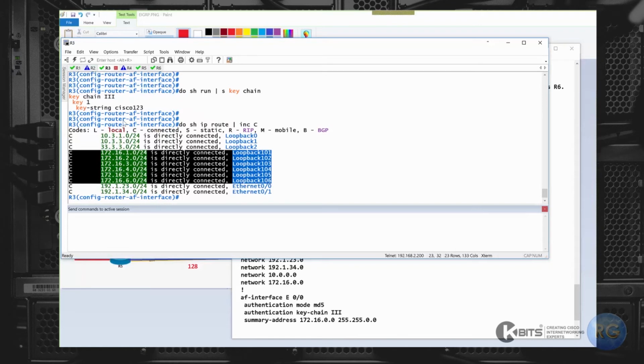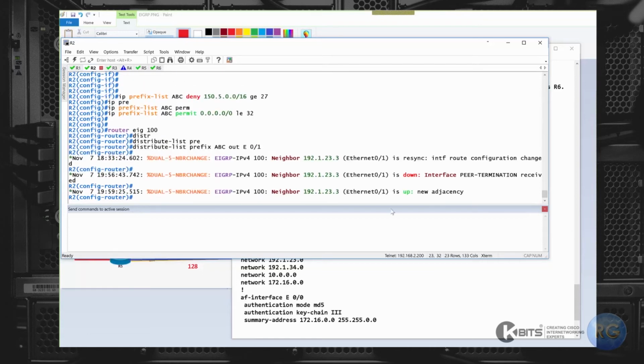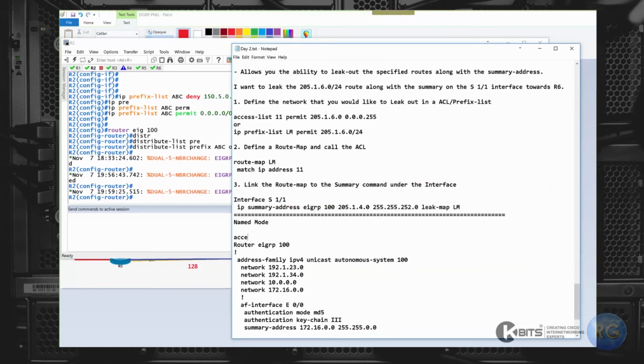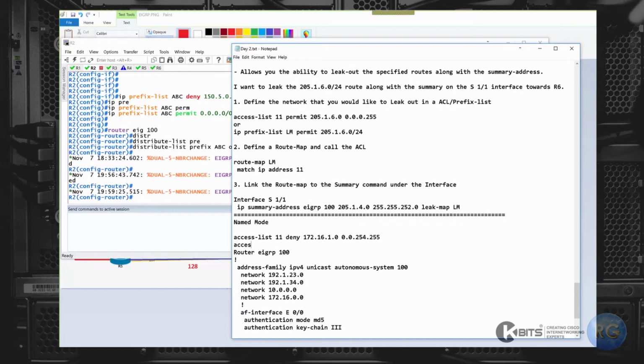Let's say I want to send the odd evens towards R2. So how did I do it? Normally, I would create an ACL or a prefix list. Odd even I would do an ACL, 1, 1. And I would say deny, let's say 172.16.1.0. I'm blocking your odd numbers, right? Create the ACL.